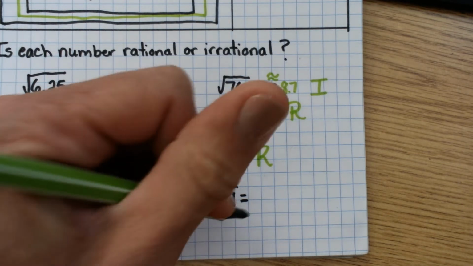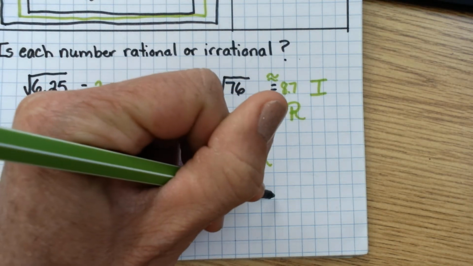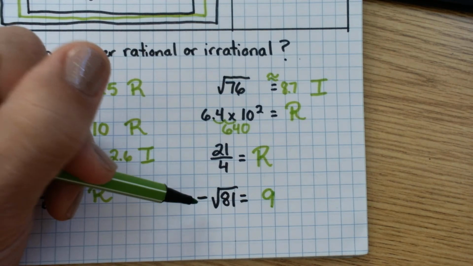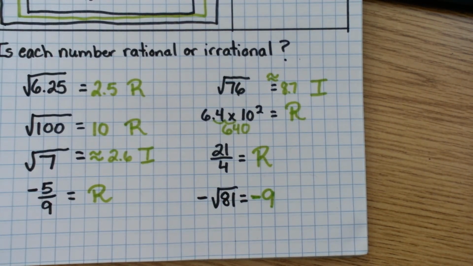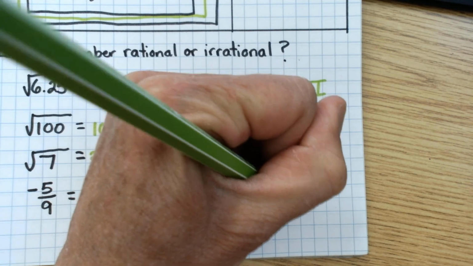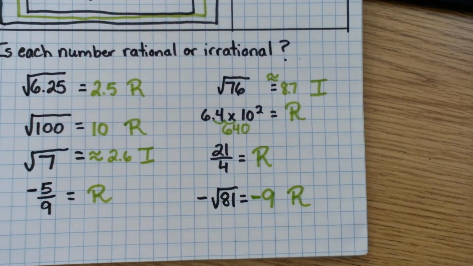That means the square root of 81 is 9. I'll write it over here. But this one is being multiplied by a negative, so that means if I simplified it, I would get -9. -9 is an integer, which is considered one of the subcategories of rational numbers. So our last one, negative square root of 81, is rational.